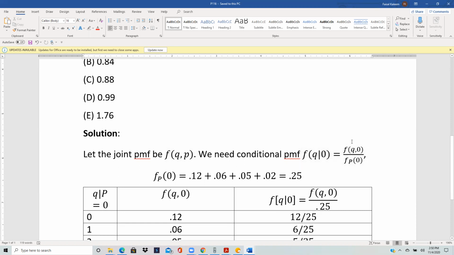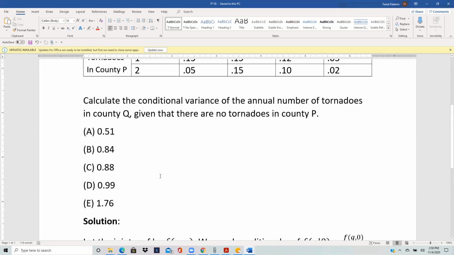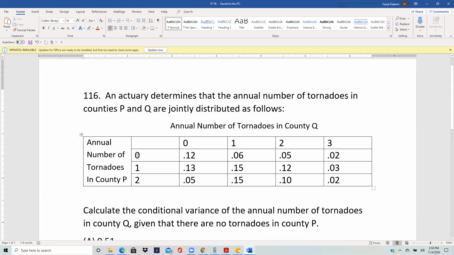So that's the normal formula. It's F of Q and 0, which means Q is Q and P is 0, divided by FP0, where FP0 is obtained by basically adding up the row corresponding to P equal to 0.